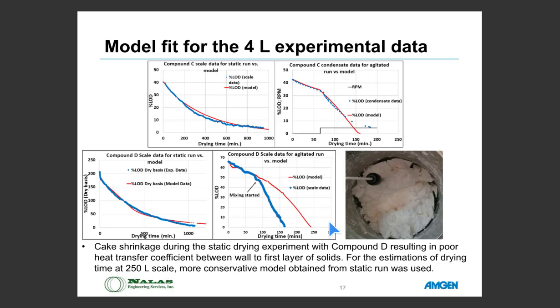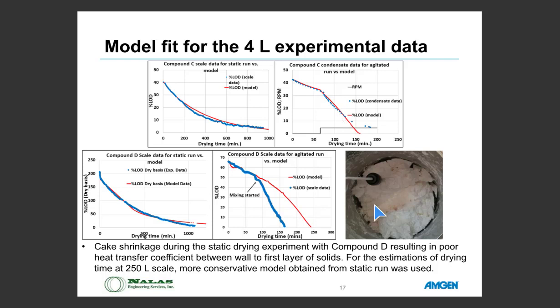Now, as you carry forward to the other compounds, we start seeing a little difference. So compound C, again, agreed relatively well with the data, with the static run and the agitated run giving a little difference at the end.